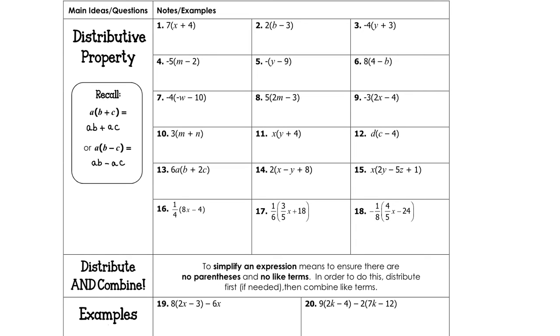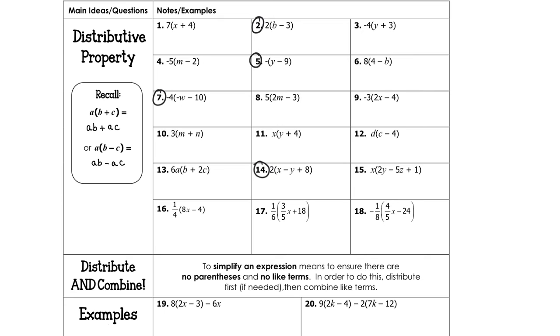I'm going to pick a couple to go through: number 2, number 5, number 7, and then number 14 here.